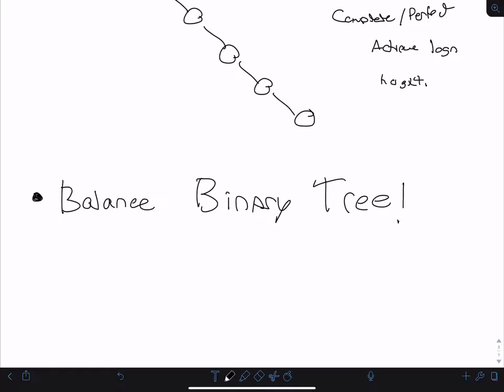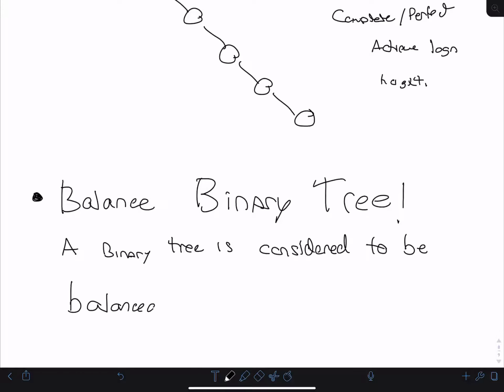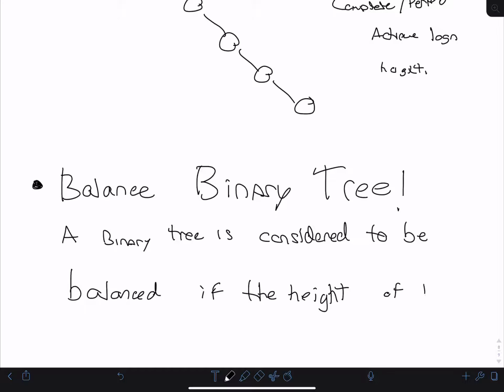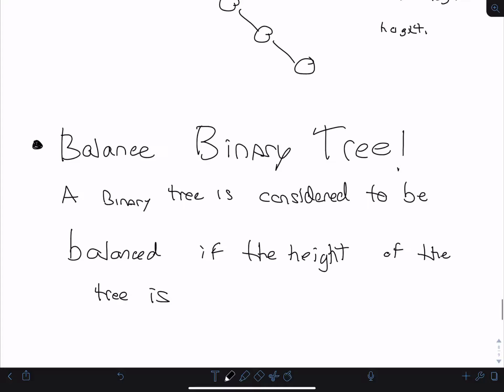What is a balanced binary tree? Well, a binary tree is considered to be balanced if the height of the tree is, tell me, I mean, I've been talking about it.